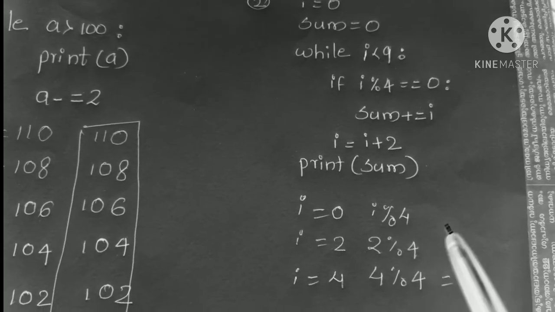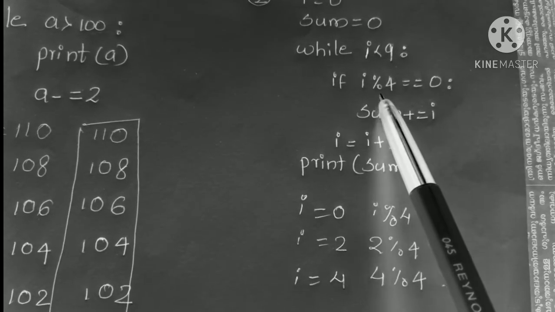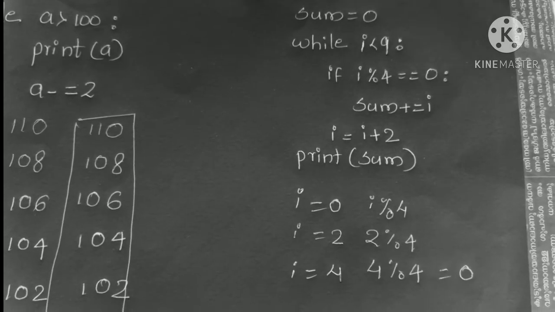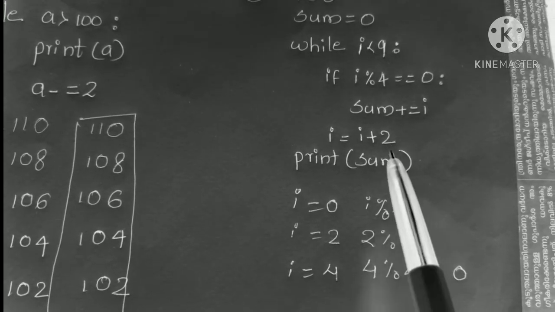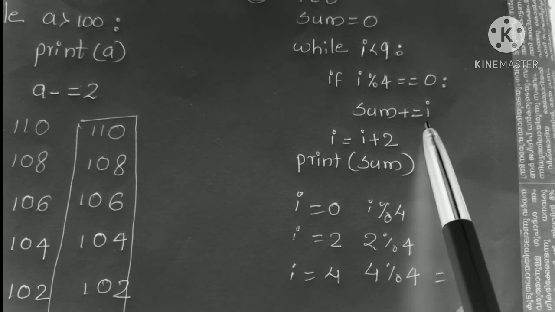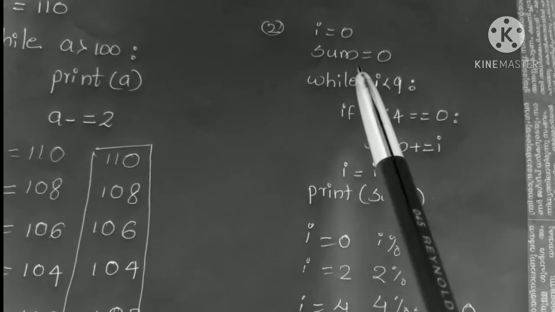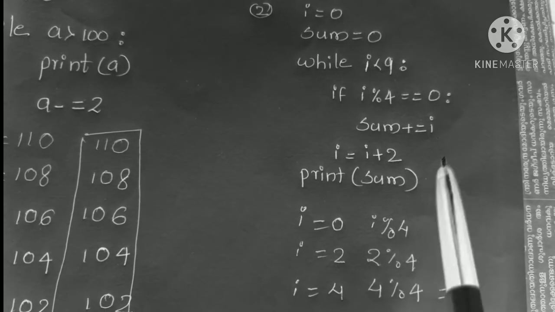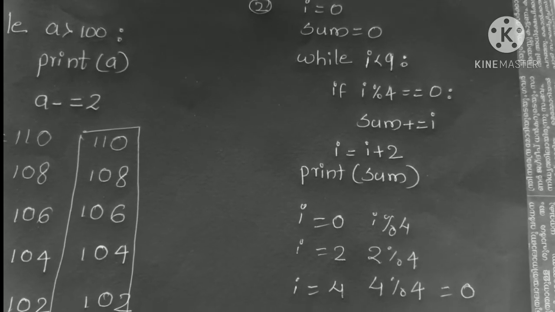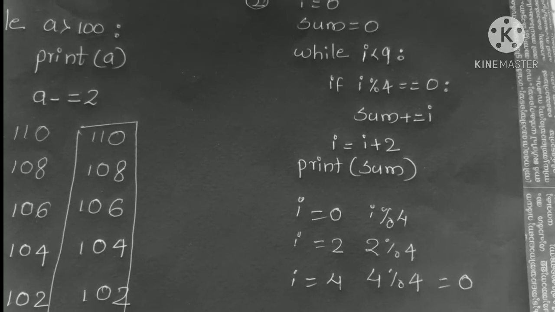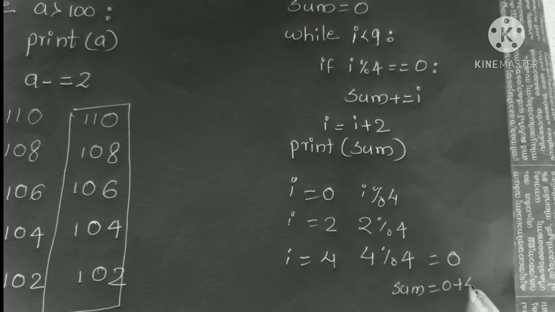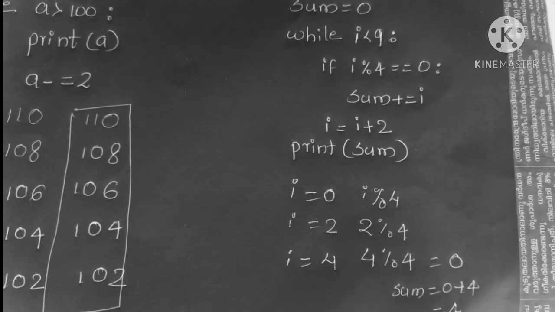When this condition, I mod 4 equivalent to 0, is satisfied, sum is equal to sum plus equal to I. Initially the value of sum is equal to 0, so the sum will be 0 plus 4. Now the value of I is equal to 4, so sum is equal to 0 plus 4 is equal to 4.